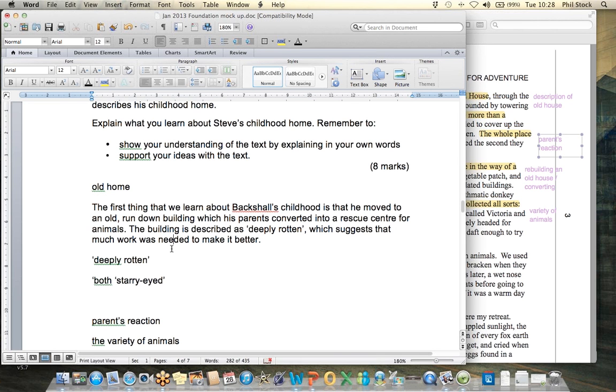Now I've got a choice here. I could continue this idea in the same paragraph, or it might be more helpful to make a separate point, a new paragraph about the parents' reaction. So I might say, Backshall makes it clear that despite the amount of work needed to, what was the place called?